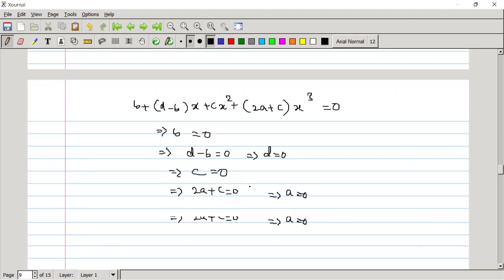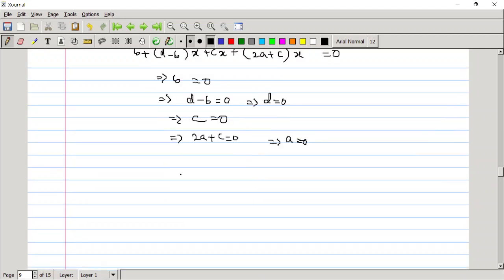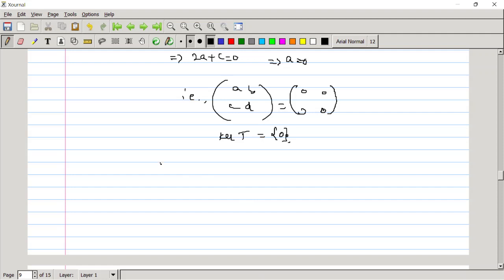That means the matrix is nothing but the 0 matrix only, that is [a b; c d] equals the 0 matrix. So it is proved that kernel T is nothing but the singleton set 0. So T is 1-1.